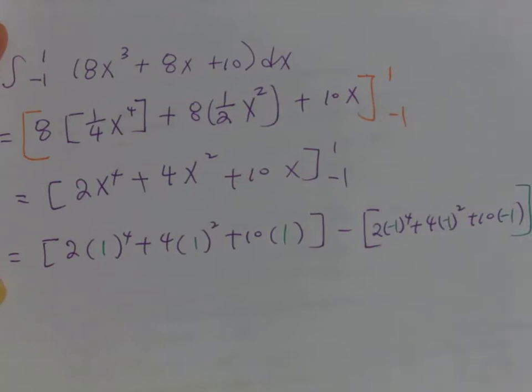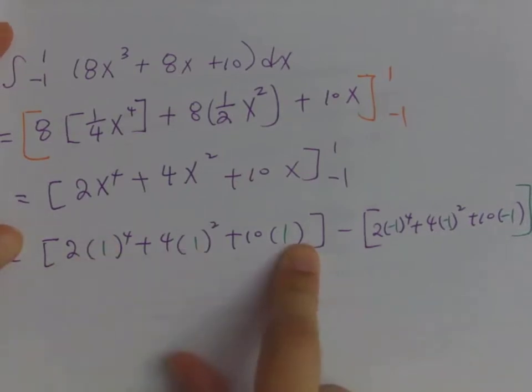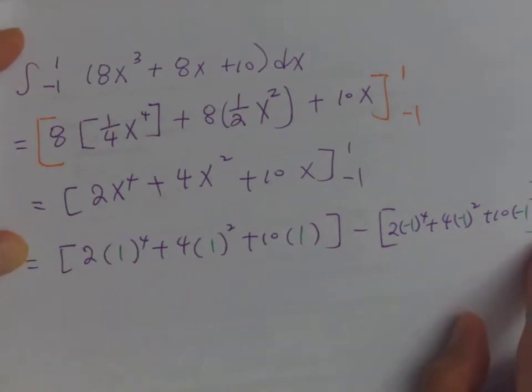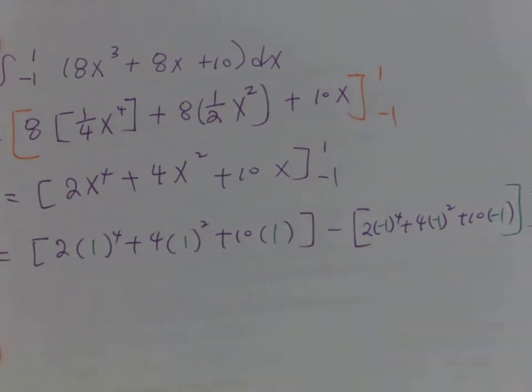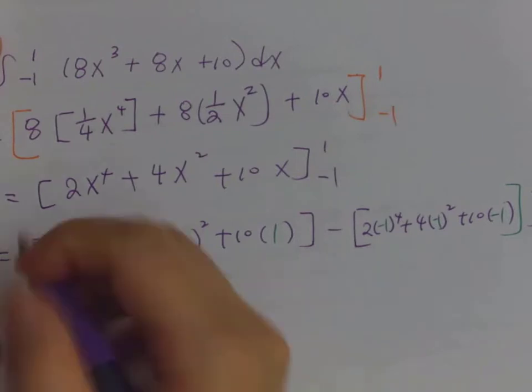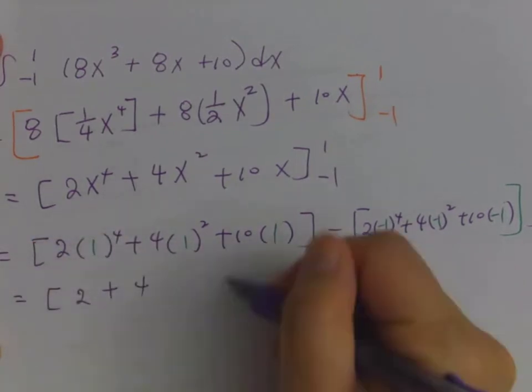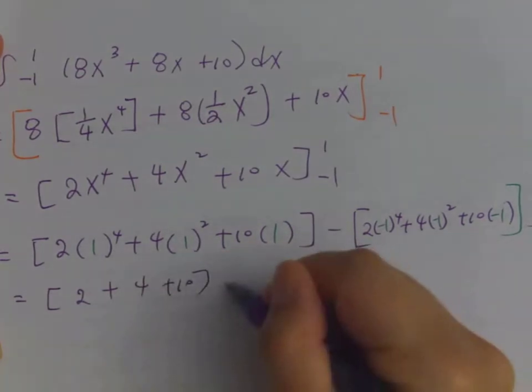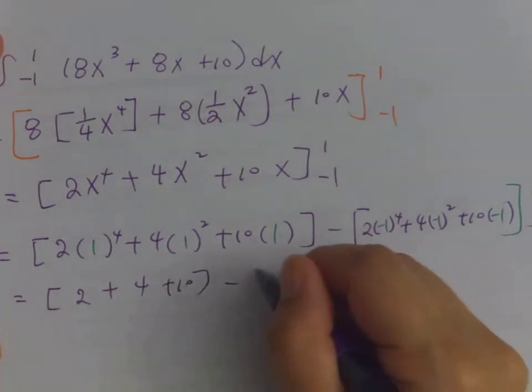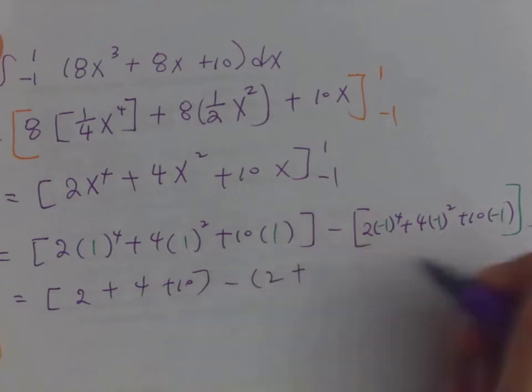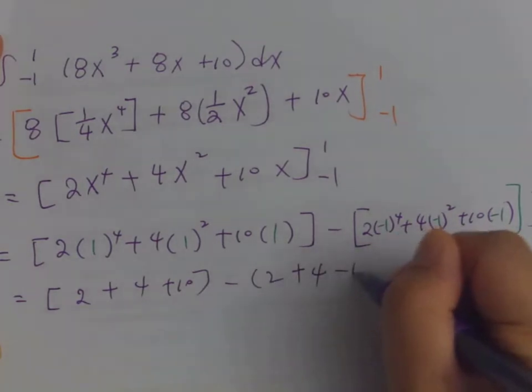Okay, so once you're done with taking the integral, plug in the upper limits to the whole thing, subtracting the lower limits of the whole thing, right? Alright, so let's clean that up. This is just 2 plus 4 plus 10, subtracting 2 plus 4 minus 10, right?